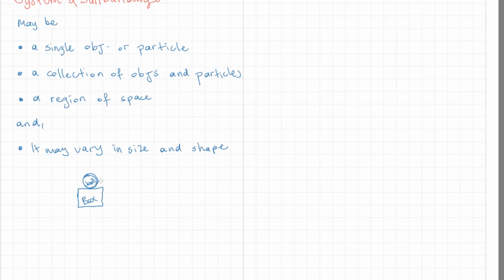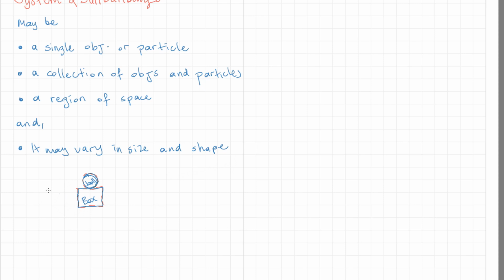And when defining systems, we also define a system boundary that separates the objects of the system and the surroundings from the system. For example, in this box and ball example, dashed red lines are representing the boundaries of the objects that constitute the system.